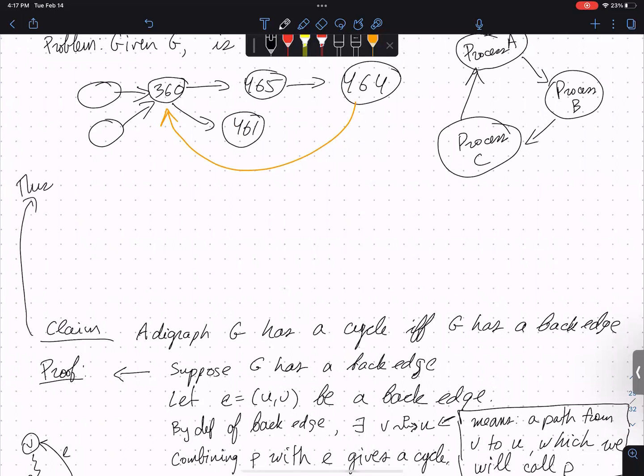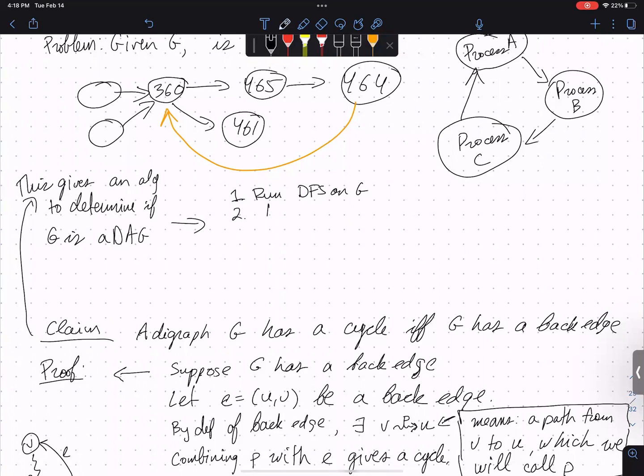So this gives an algorithm to determine if G is a DAG. And the algorithm is just: one, run DFS on G. Two, for every edge, we just check if there's a back edge.